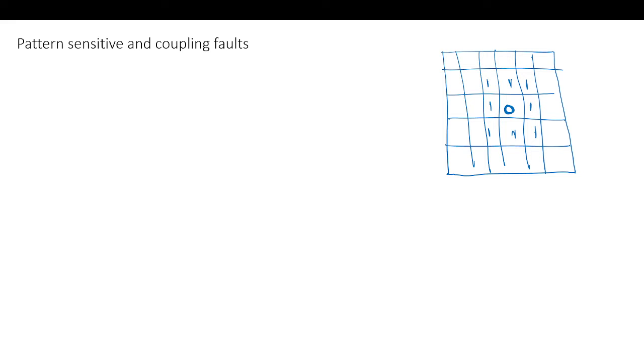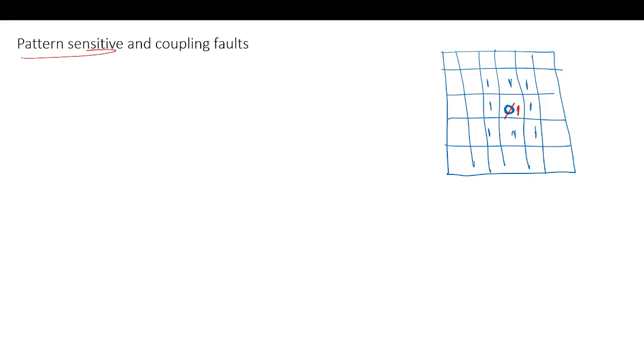This 0 is now changed to 1 because of the neighboring ones. Such faults we call pattern sensitive faults. Because of this pattern bit getting written by some other code, the initially written 0 is now changed to 1, which is a faulty value, causing an error.